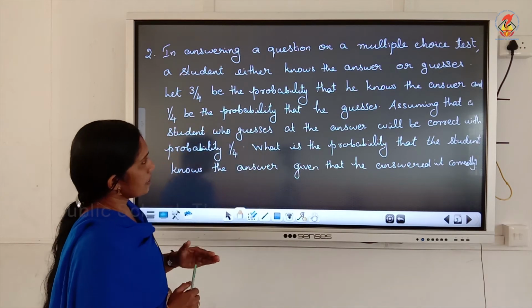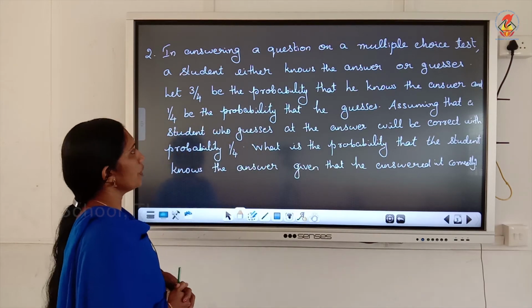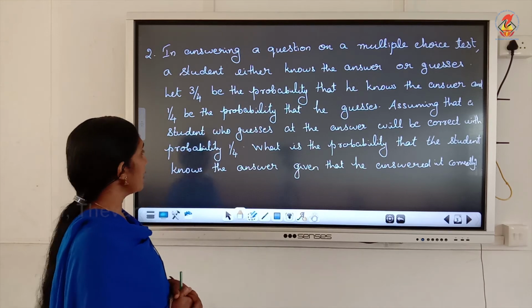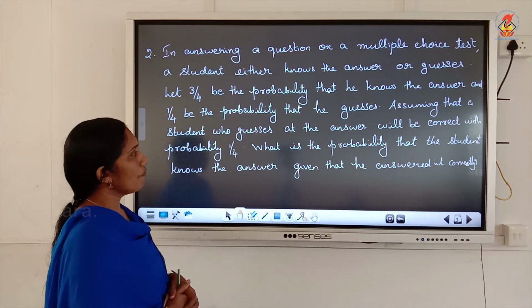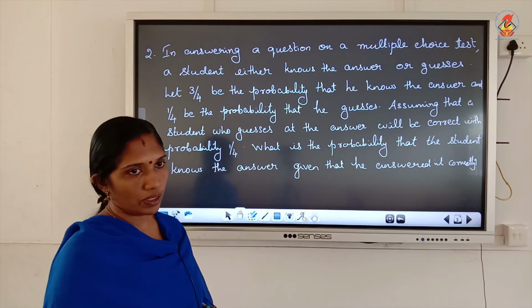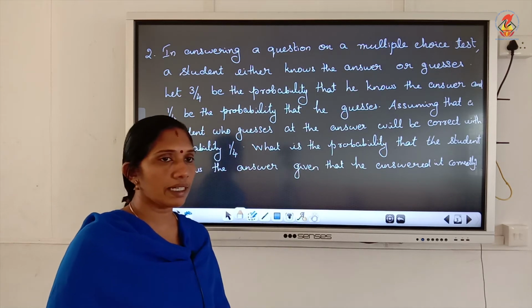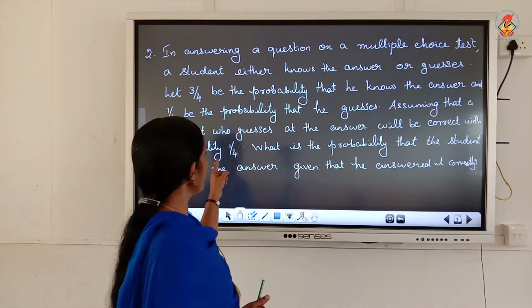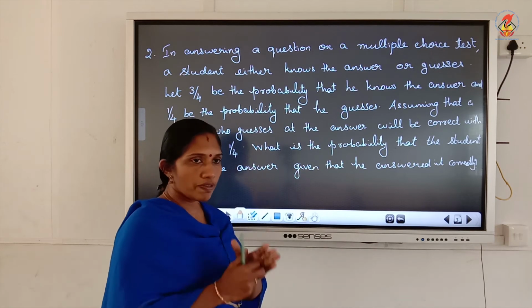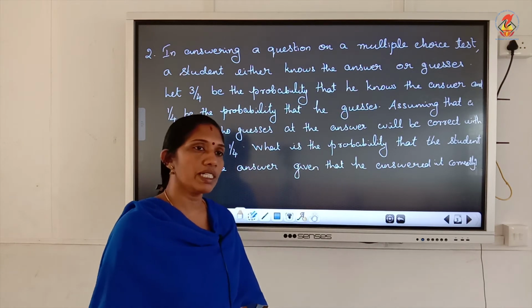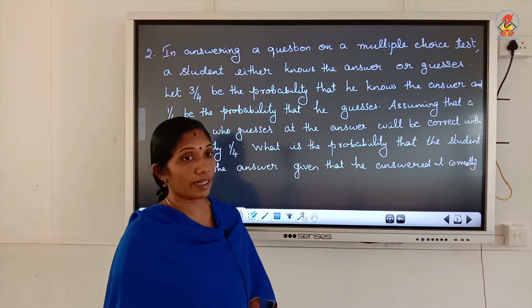Now what is the next step? Assuming that a student who guesses at the answer will be correct with probability 1 by 4. Okay, the student guesses, then the answer is correct, its probability is 1 by 4. So if the student knows the answer, what is the probability that the answer is correct?